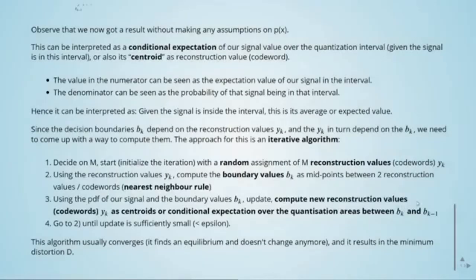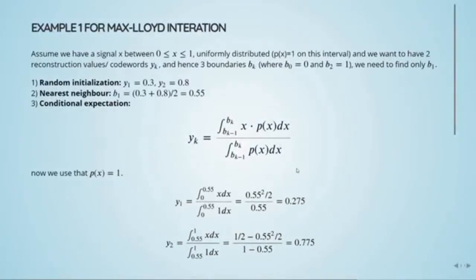Let's go through an example to see this algorithm in action. This is an example of the Lloyd-Max iteration. We will assume that we have a signal between 0 and 1 that is uniformly distributed, so our p of x is equal to 1 on this interval, and we want two reconstruction values, or two code words y of k.